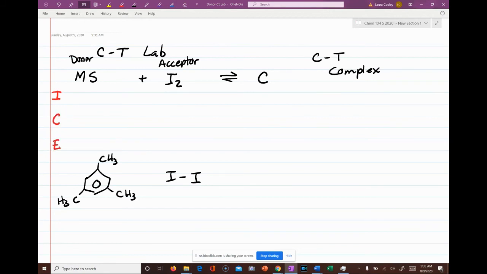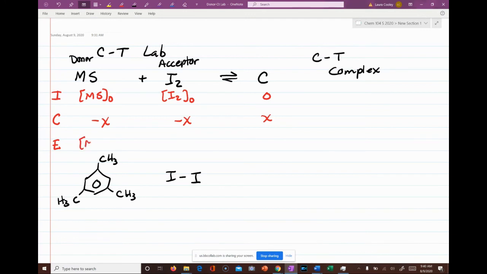But whether you had me or not for Gen Chem, this I simply means initial concentrations, which the initial concentration of acetylene we just call MS0. The initial concentration of iodine, I20, and we have no complex at the beginning. And then we let X equal the amount of acetylene or iodine that react and the amount of complex that forms. It's all the same because it's 1 to 1 to 1.